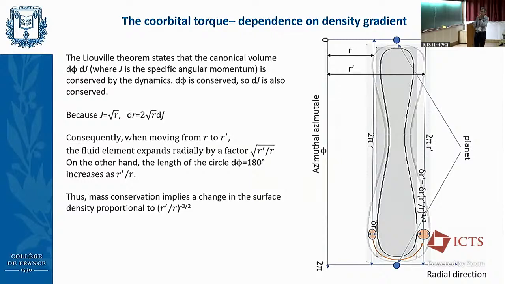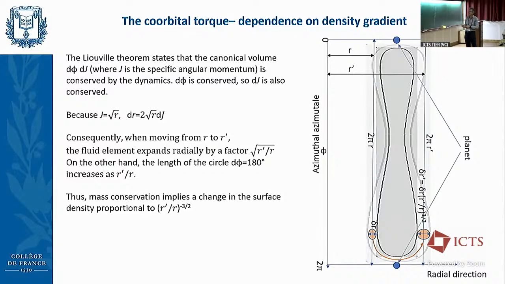So the interval of angular momentum in the fluid element is conserved. Then the radial extension of the fluid element has to expand by a factor square root of r prime over r. So this fluid element has the same extension in phi, but is stretched in r by this ratio, square root of r prime over r.